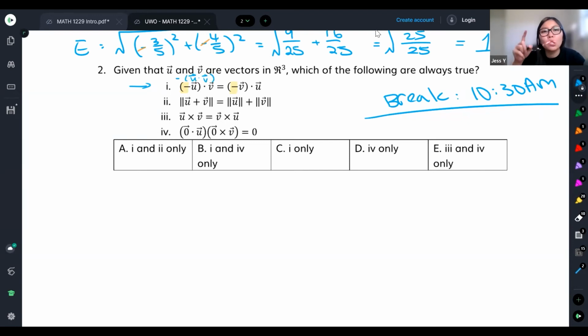So I can flow the negative sign to the front. Same thing over here. This is negative v dot u. And remember, u dot v and v dot u are the same, right? Meaning that this one has to be true. So I know I can cross off some answers already. D can't be true because 1 has to be true. E can't be true because it doesn't include 1.